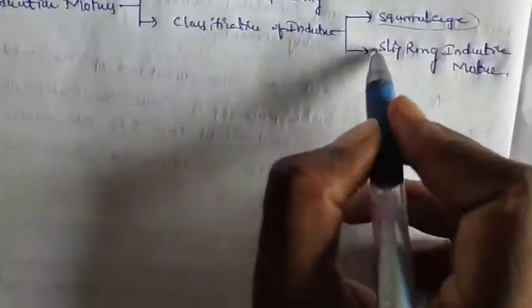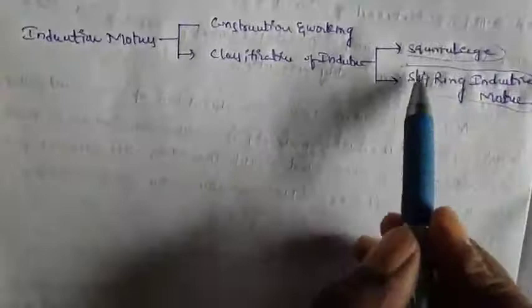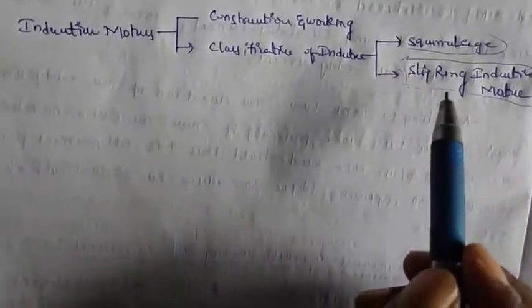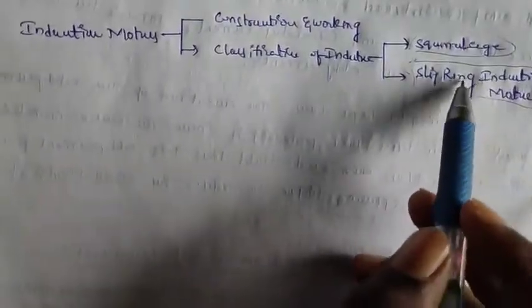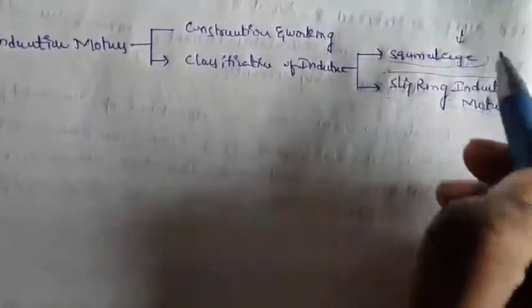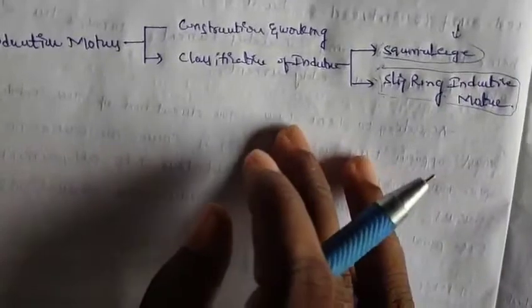Commonly we use the squirrel cage. For a high starting torque we add some extra resistance to the rotor circuit. Most of the cases, 80% of induction motors are squirrel cage motors.